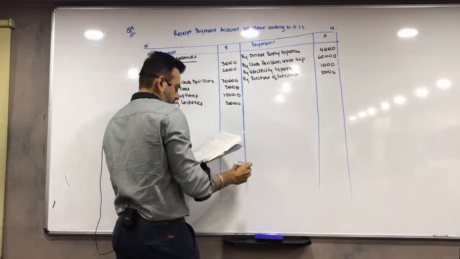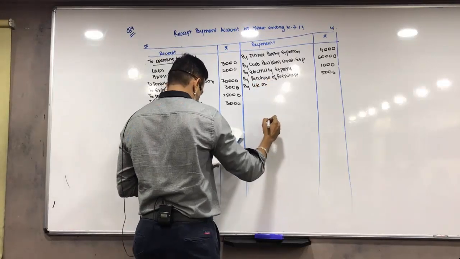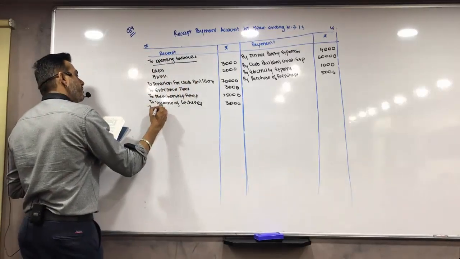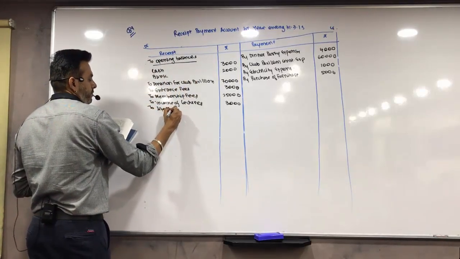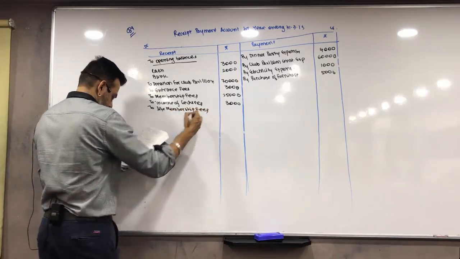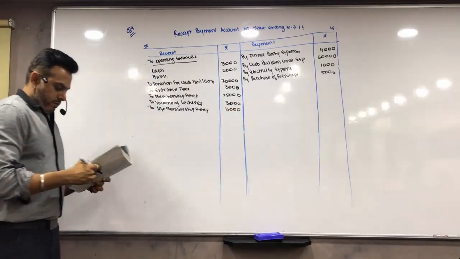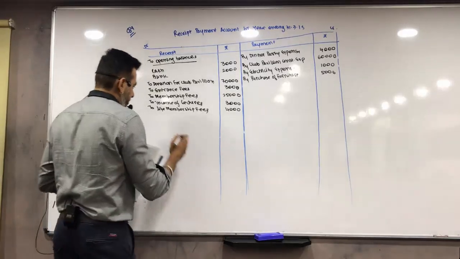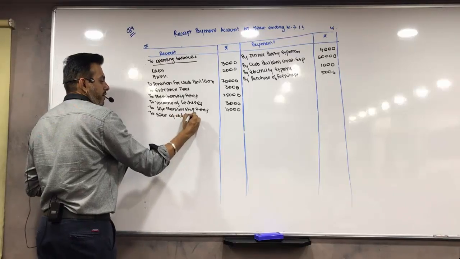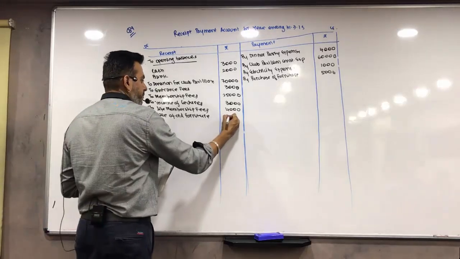Life membership fee. Life membership fees received. 2 life membership fees, $4,000. Sale of old furniture received. To sale of old furniture, 1,000.